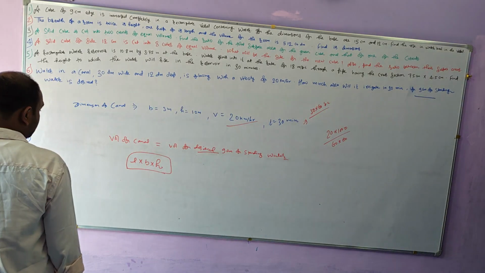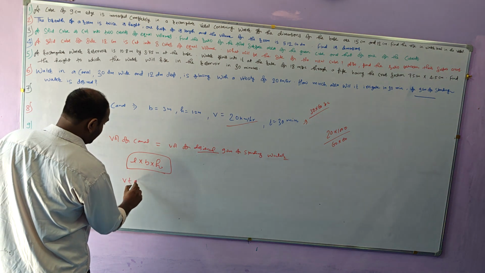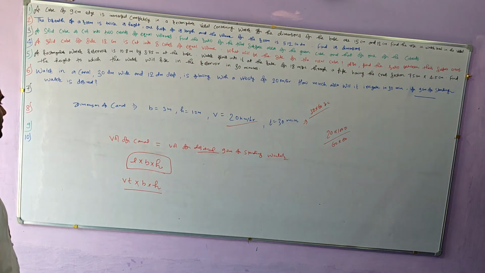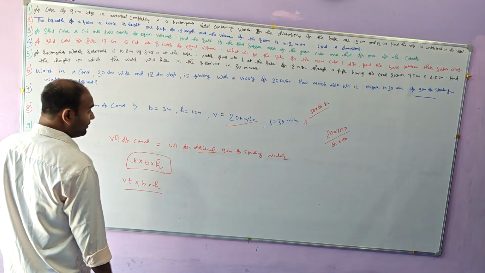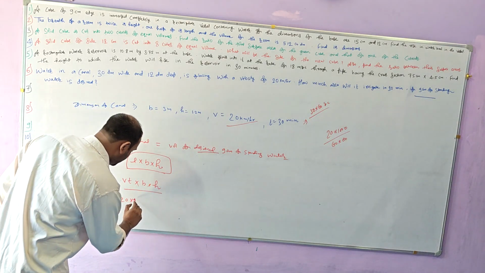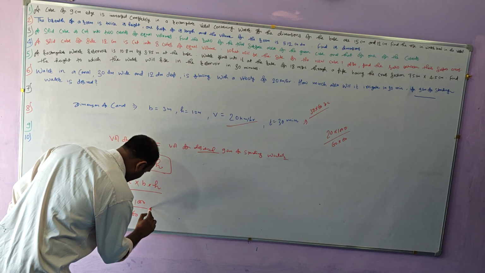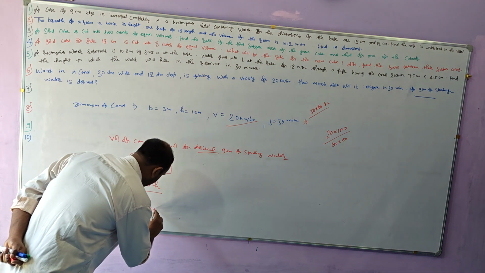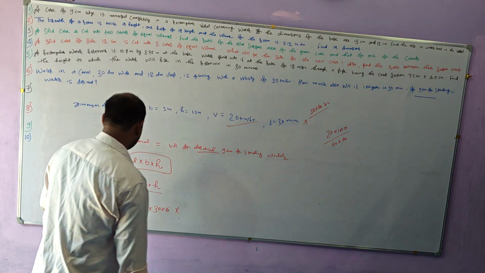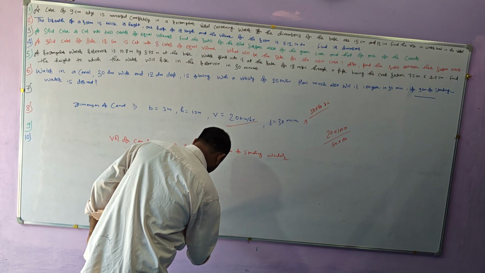So we can get Vt into B into H. So we have the dimensions 20 into 1000 upon 60 into 60, and we have T, 30 into 60 seconds, and we have B that is 3, and we have H that is 1.2.